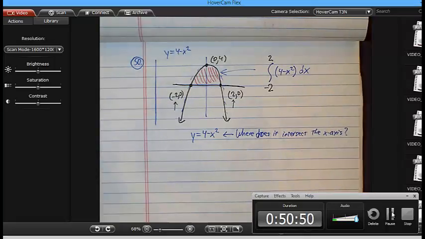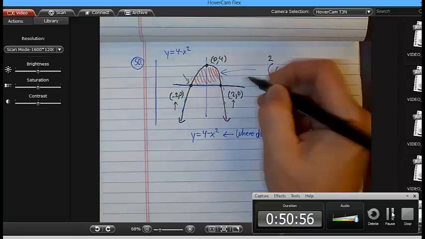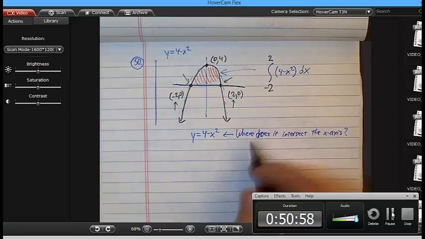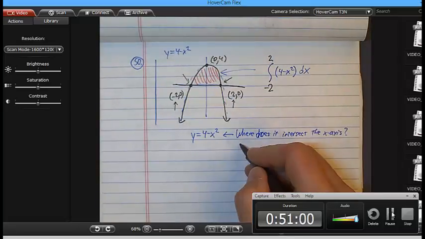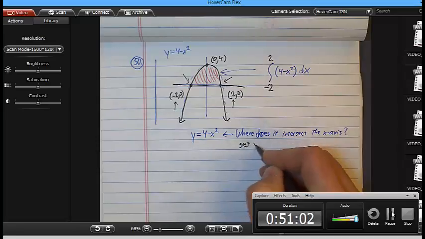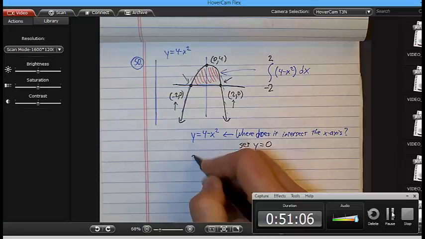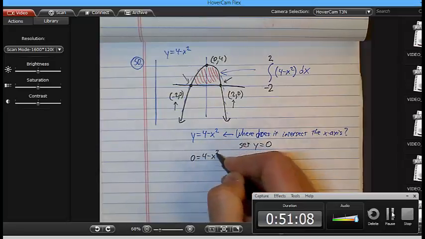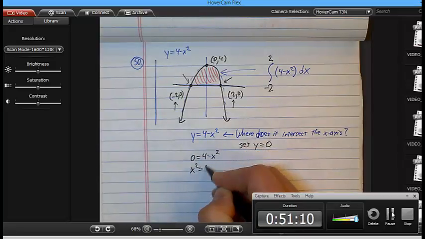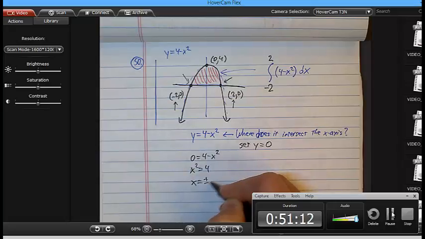So you found the critical points, basically. Well, x-intercepts, yes, that's what those are. Where does it intersect the x-axis? I guess what I did is I set y equal to 0. So I write down 0 equals 4 minus x squared. Now you're getting plus or minus 2.